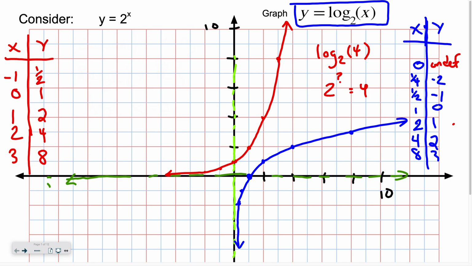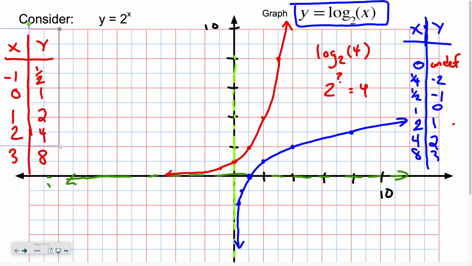This is the graph of a logarithmic function. And the interesting part about it is, if you look at the x values in the table now, all of these x values are identical to all of the y values in your exponential table. And also all of the output values, -2, -1, 0, 1, 2, 3 here, these are all the input values.